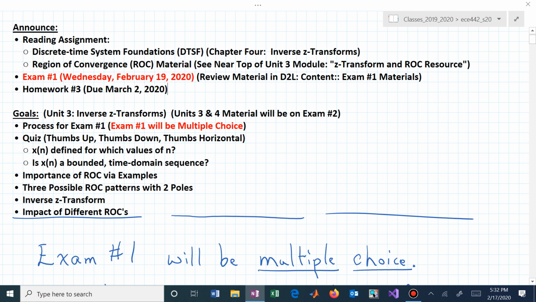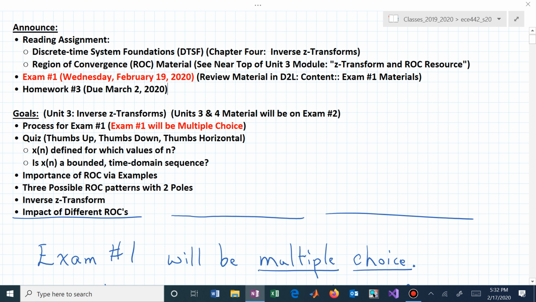Homework number 3, which is dealing with the material that we're talking about today, is due already in March, the 2nd of March. But today, as I had promised, we're going to talk about the process for exam 1. We'll do a quiz. It's a thumbs up, thumbs down, or a thumbs horizontal for your answer.